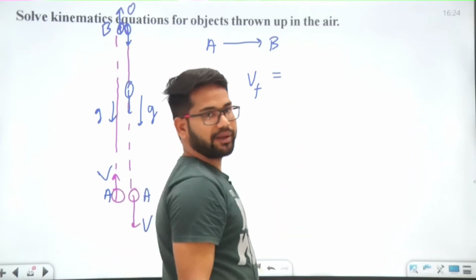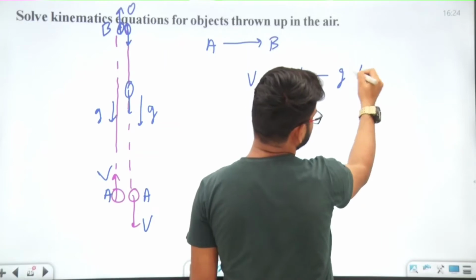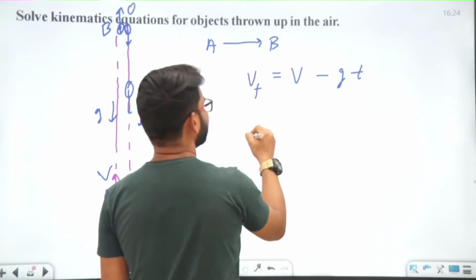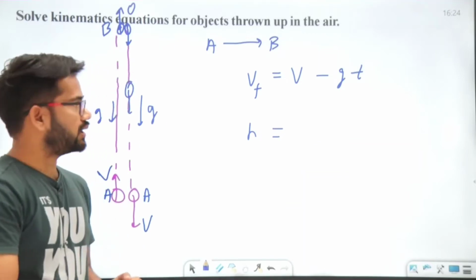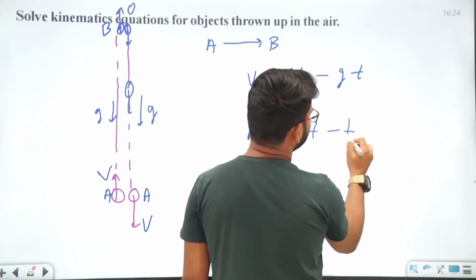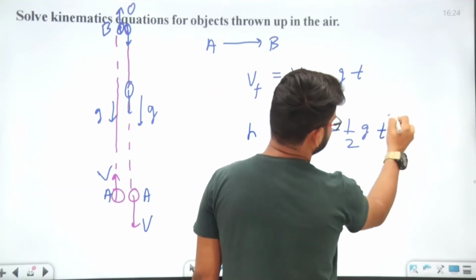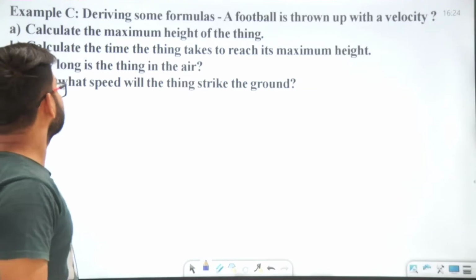V final will be V initial minus gt, right? And height h at any time t will be Vt minus half g t square, because g is acting downward.